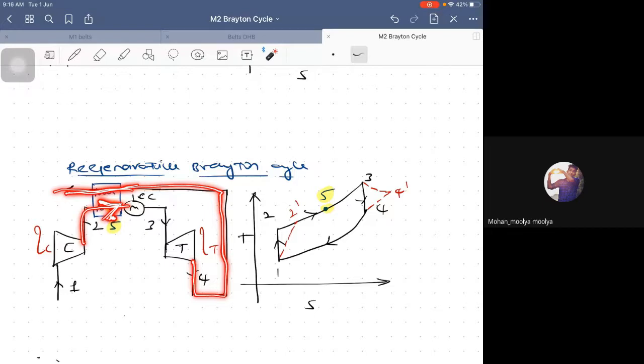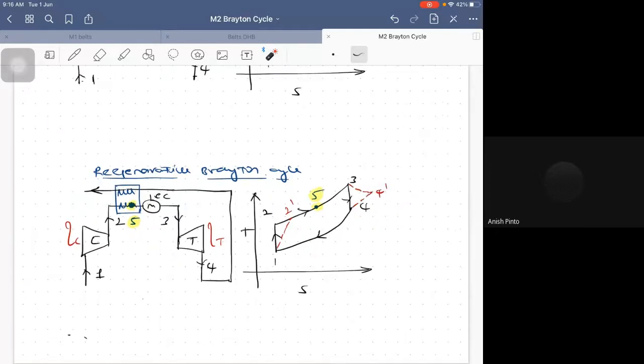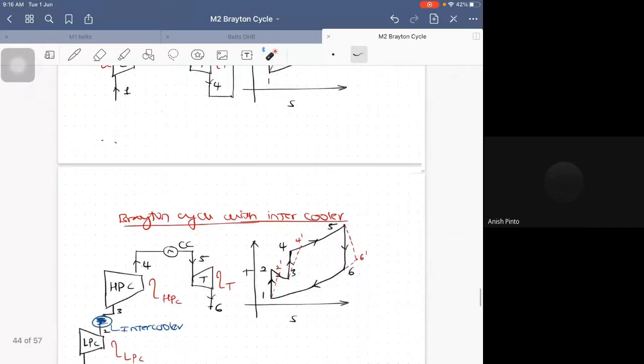Understood? Yes or no? That is why Anish was asking me, sir, 5 should come in between 2 and 3. But previously it was from 1 to 4. Right, Anish? Yes, sir. So now it's clear, I guess, right? Yes, sir. Okay. So this is the only change which has to be made.